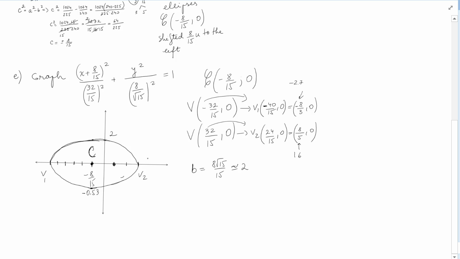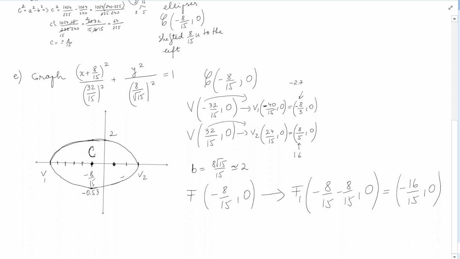F would be at negative 8 over 15, 0 if it was centered at the origin, but it's not, so it's negative 8 over 15 minus 8 over 15, 0, so that makes it negative 16 over 15, 0.